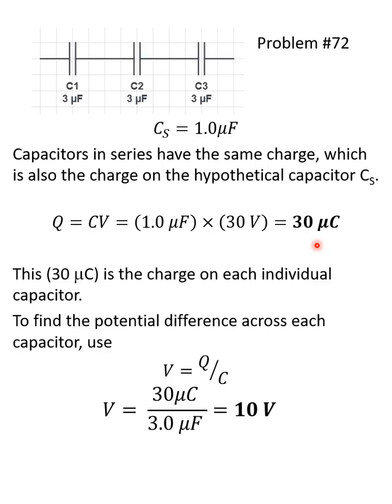So this 30 microcoulombs is the charge that's on every one of the individual capacitors. To find the potential difference across each capacitor, use Q equals CV, but that becomes V equals Q over C. So it's 30 microcoulombs, which is the charge on 1 capacitor, divided by any one of those capacitors, 3 microfarads, and that becomes 10 volts.